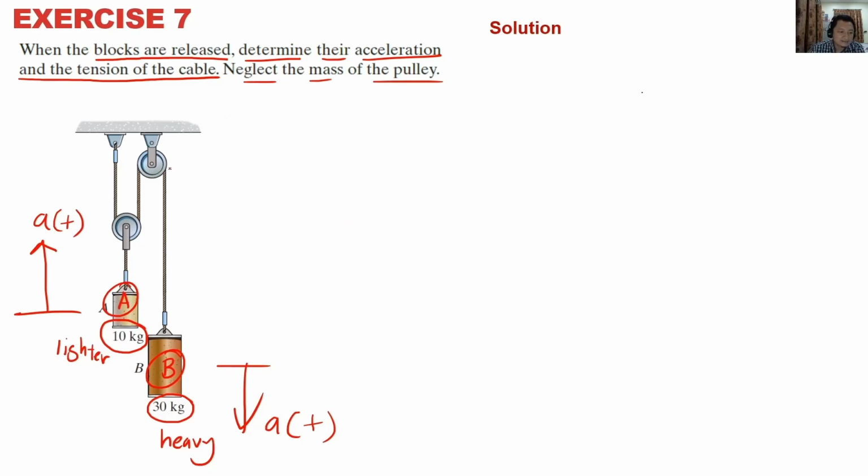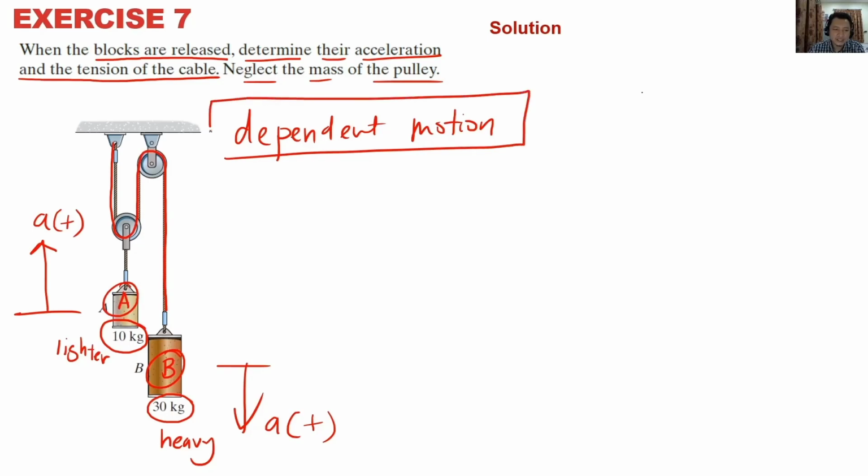So number one, as you can see here, these are cables, and these cables are connected to each other. Since they are connected to each other, there is something called dependent motion. Motion that depends on each other. So if B goes down by some amount, A goes up by some amount.